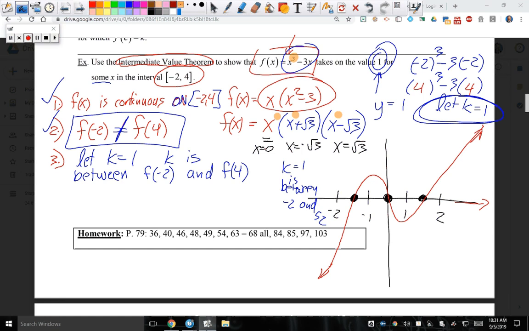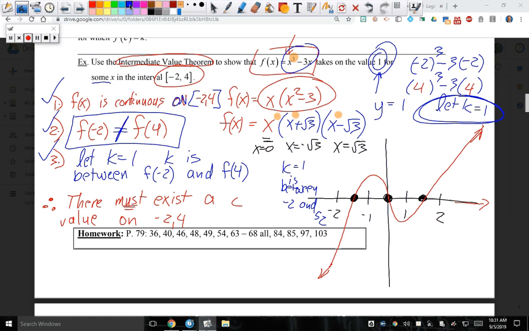Alright? Alright, here we go. So check. So therefore, there must exist a C value on -2 to 4, parentheses or brackets? Parentheses.